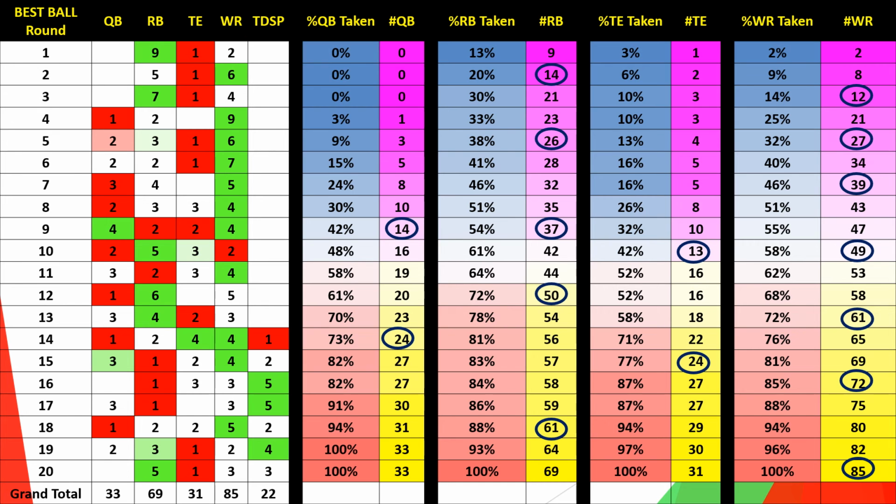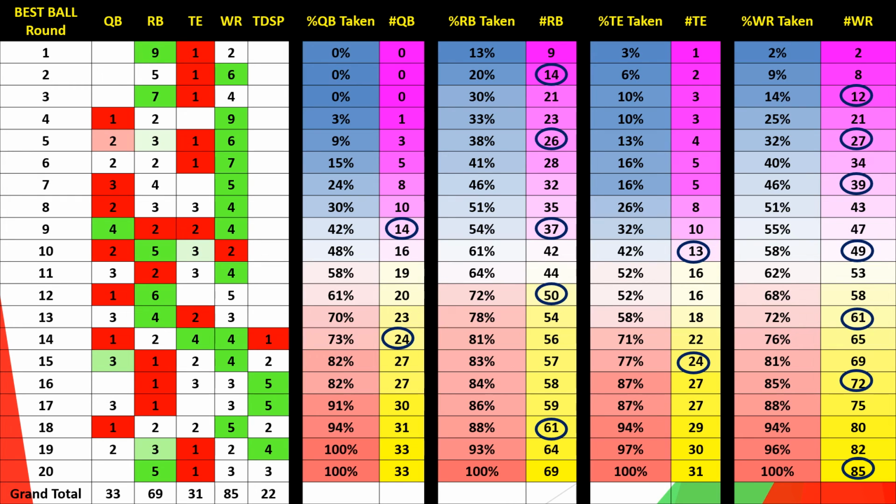Round 14. We see our first defense going. So if you have to have an early defense in best ball. By the way, I do draft 3 defenses. So I have been collecting one in 14 or 15, my choice. Usually by this time I've gotten 2 QBs, plenty of running backs and wide receivers.